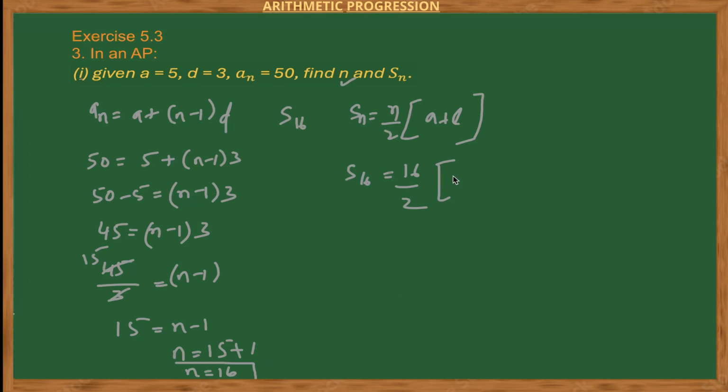A is equal to 5, and L is equal to 50. This is the one we found using this A50. So we can put 50 here. 16 by 2 is 8, and this one is 55.